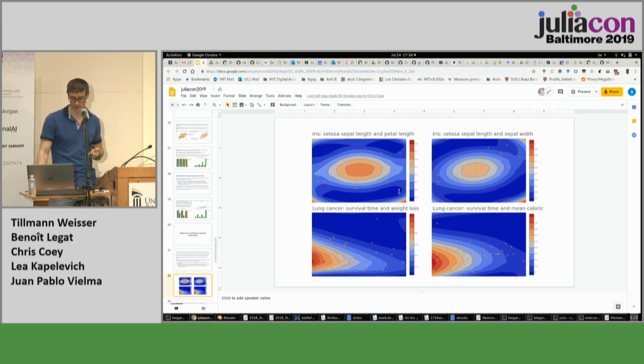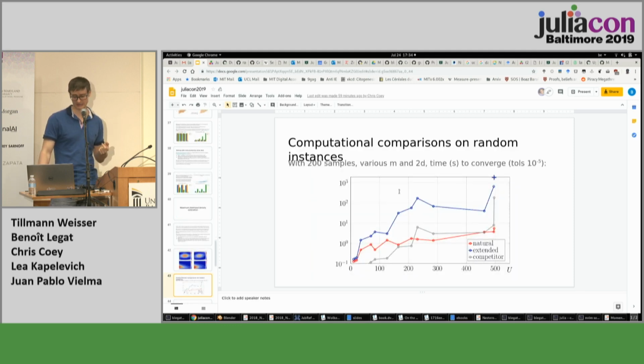Here we have a computational comparison. This problem is formulated with exponential cones for these log likelihood terms in the objective, and either a WSOS, weighted sum of squares cone, or PSD cones. So the extended formulation uses the PSD cones, the natural formulation uses the WSOS cone. The competitor is only able to use the PSD cone formulations.